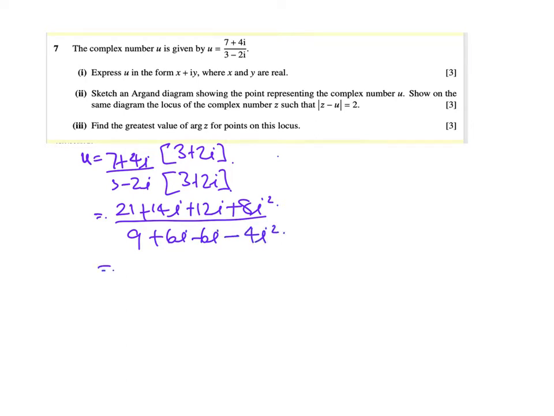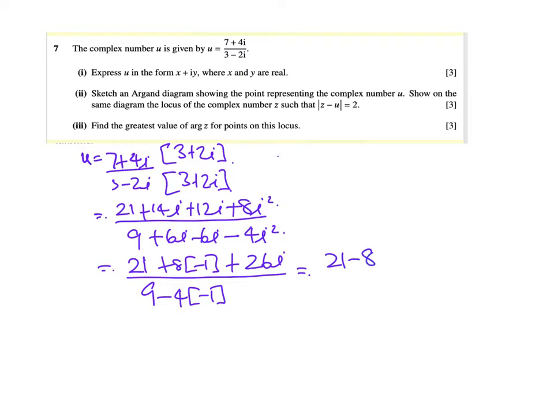So let's simplify this. You get 21 plus 8, since i squared is -1, then 14i plus 12i is 26i, over 9 minus 4 times -1, which is plus 4.